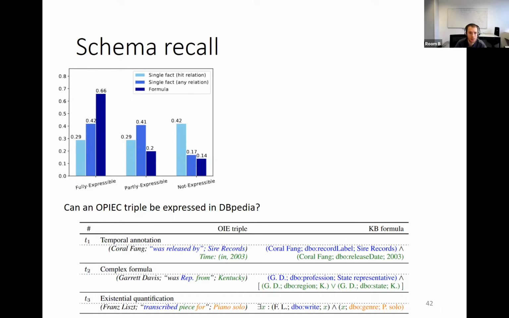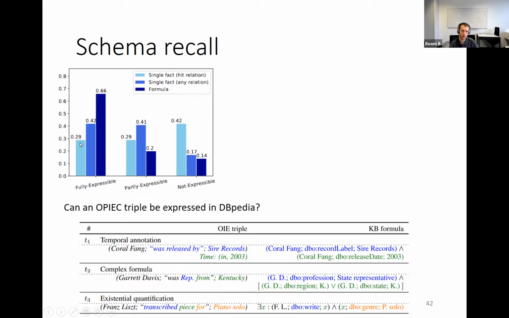This is illustrated here at the top. In the light blue, we see from all the open information extraction triples, how many can be fully expressed with a single triple.